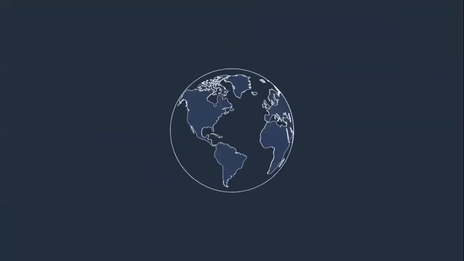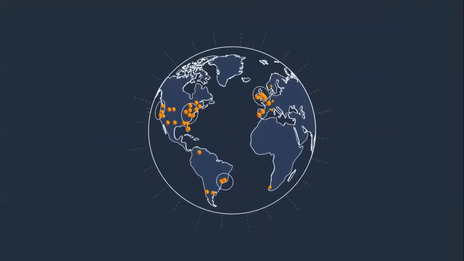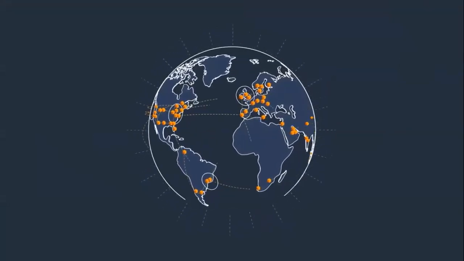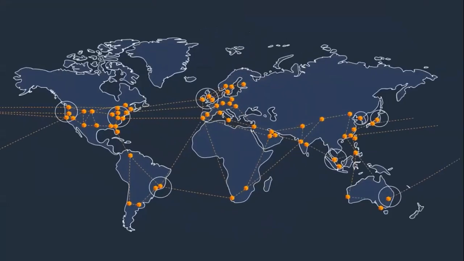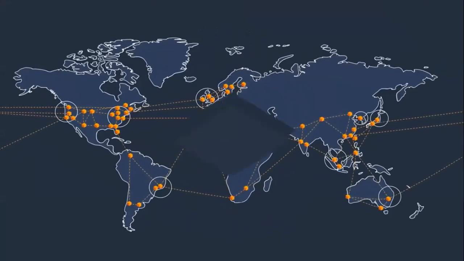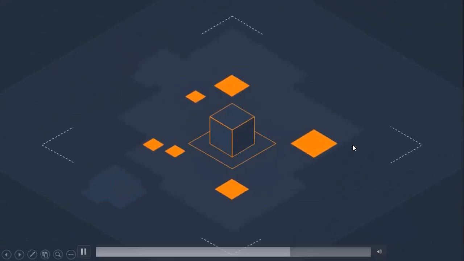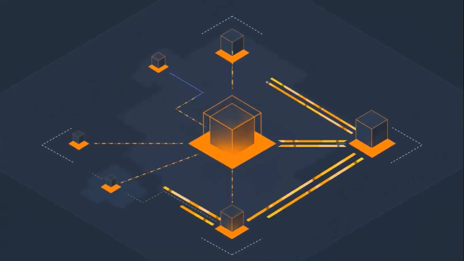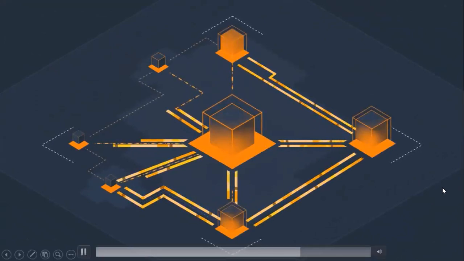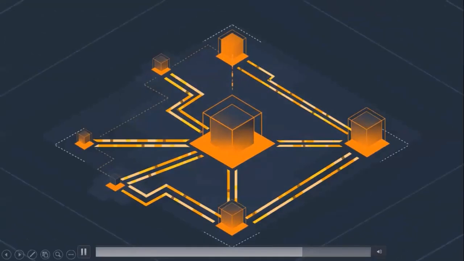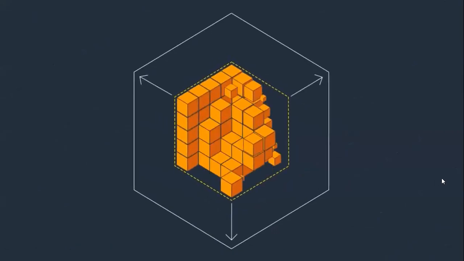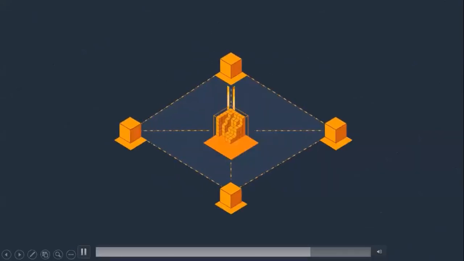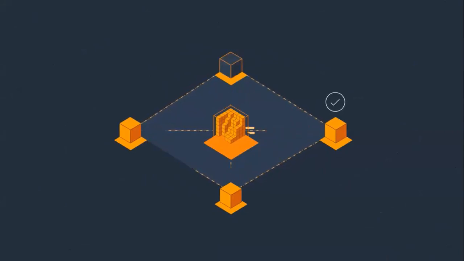We are constantly expanding our global network of AWS regions, so you can access AWS services to build and run your applications from anywhere in the world. Each of these regions has multiple availability zones that are physically separated from each other and connected by low latency, high throughput, and highly redundant networking. This makes it easy to design and operate applications that are scalable, fault-tolerant, and highly available.